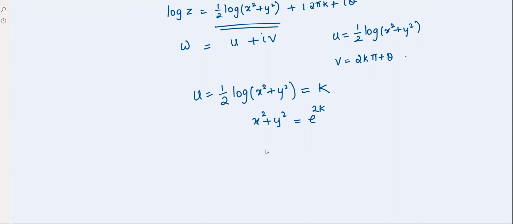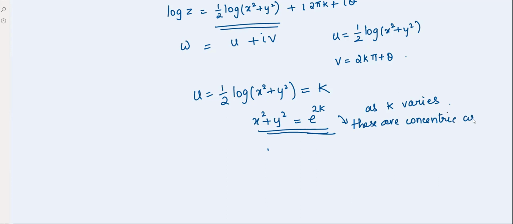So these are circles, concentric circles on the z plane as k varies, with center 0, 0.